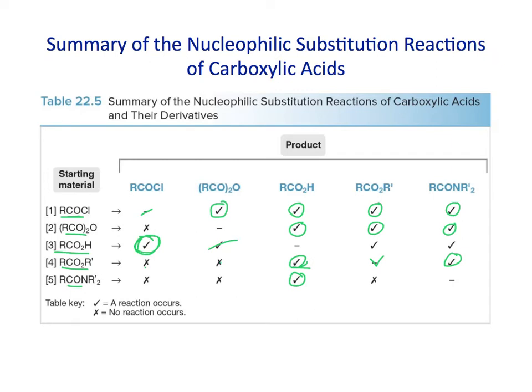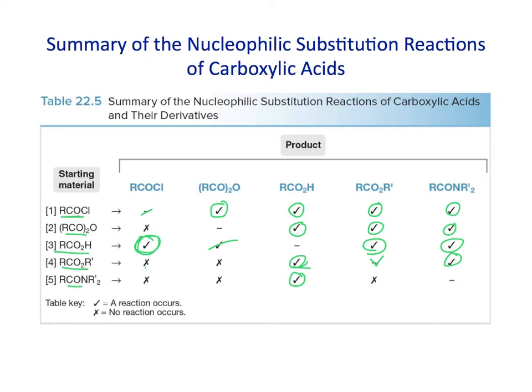Mostly, except for making the acid chloride, the other ones are all going downhill in energy. So the easiest are going from the top down. And if we get down low, then we can always make a carboxylic acid, and we can convert that to an acid chloride and go back up to the top if we need to go upwards.